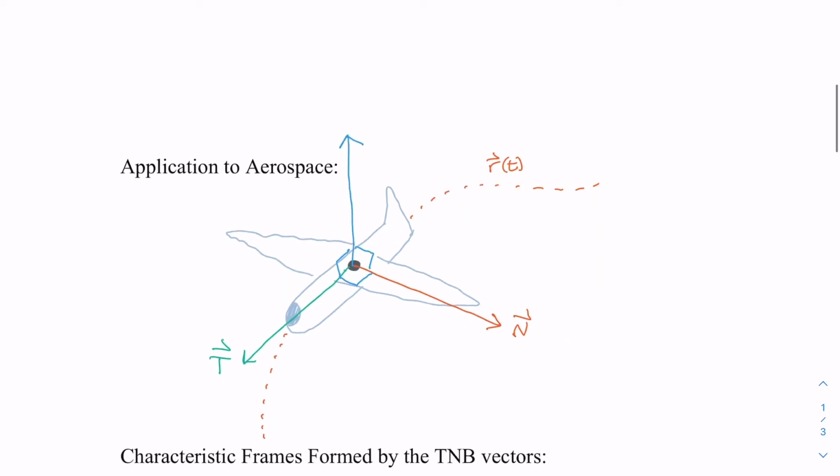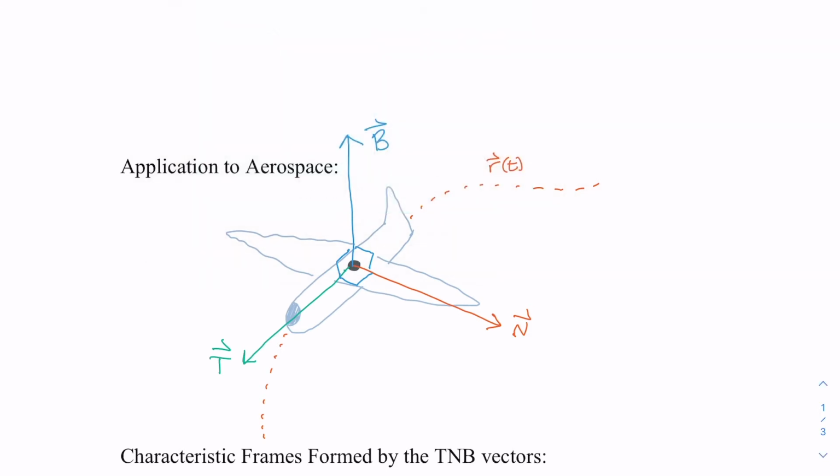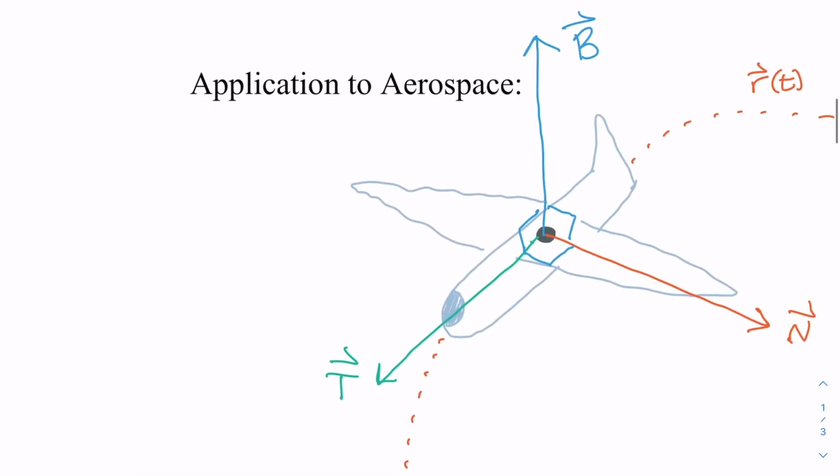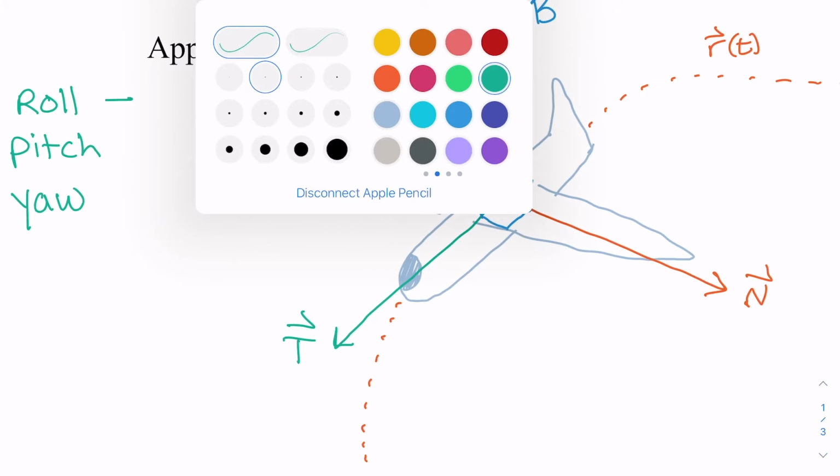And like I was mentioning, if you're familiar with how to fly a plane at all, you may have heard of roll, pitch, and yaw. Those are the three axes with freedom of movement to control the plane. So there's roll, pitch, and yaw. And so roll is movement or rotation around the unit tangent vector.